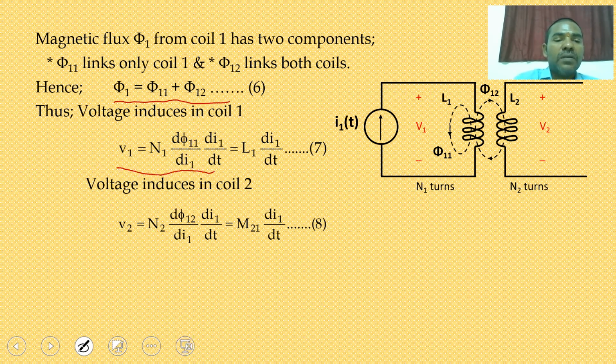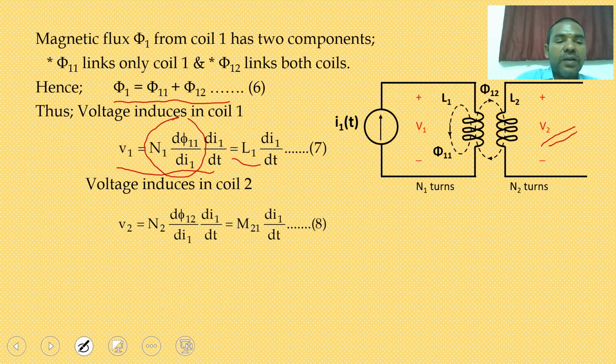So N into d phi by di can be represented as inductance. That value I am taking as L1 di1 by dt, where L1 is the self-inductance of the first coil. Now coming to the second equation, an induced EMF is generated in the secondary, that is V2.